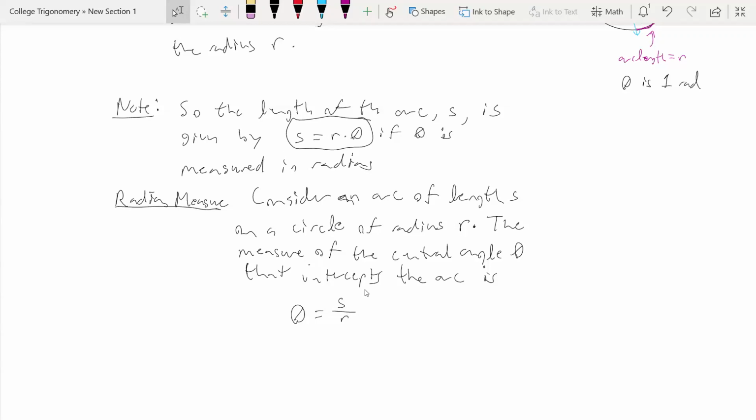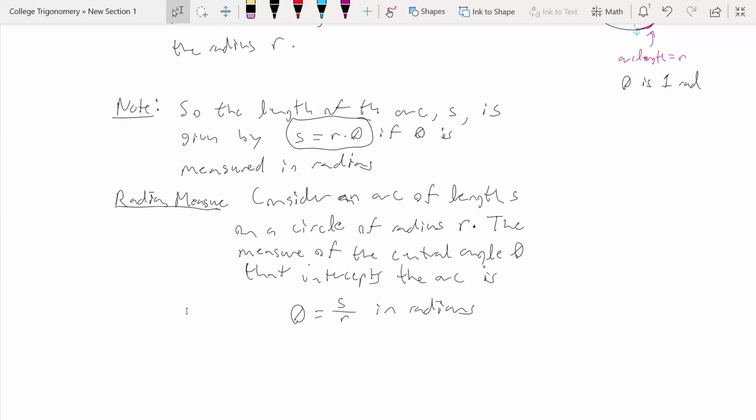I'm going to come back to that in some examples later, like why I'm defining it that way. If you take the arc length and divide it by the radius of the circle, then you're guaranteed that this is your angle measure, and it will definitely be in radians because you're comparing the arc length to the radius of a circle, hence rads.